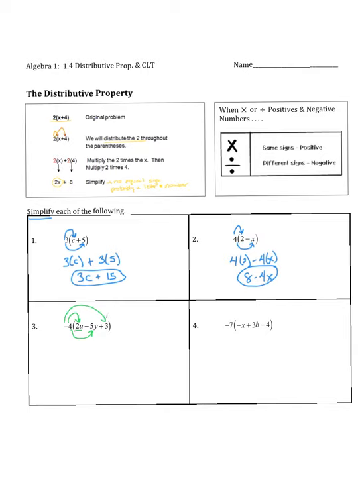So I'm going to write it out so you see what we're doing. Negative 4 times 2u, both pieces. Minus, because that's a minus sign there, negative 4 times 5y. Plus, because there's a plus sign, negative 4 times 3.